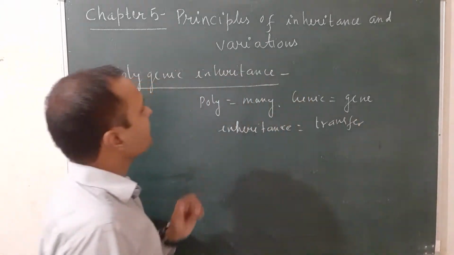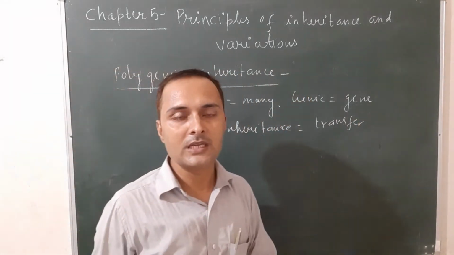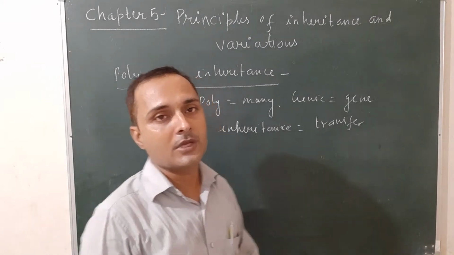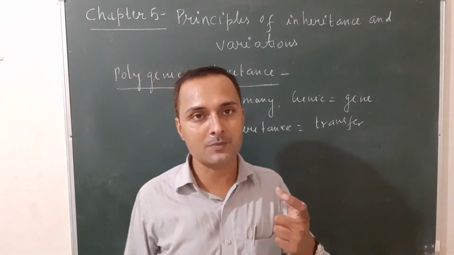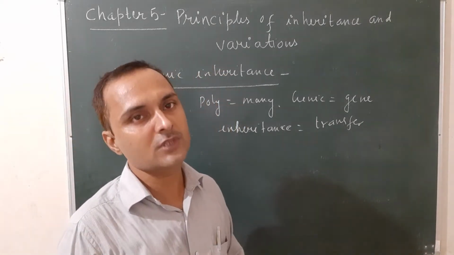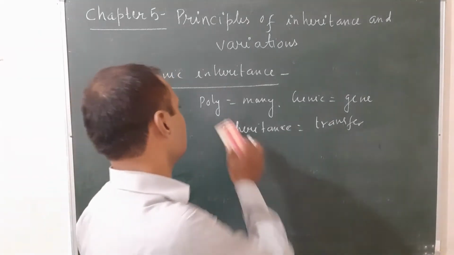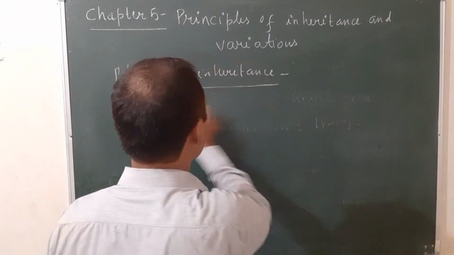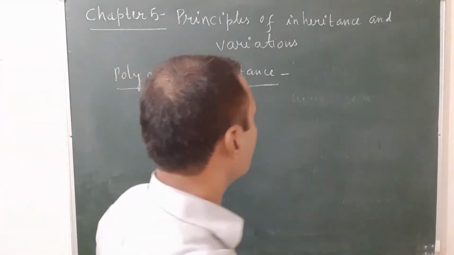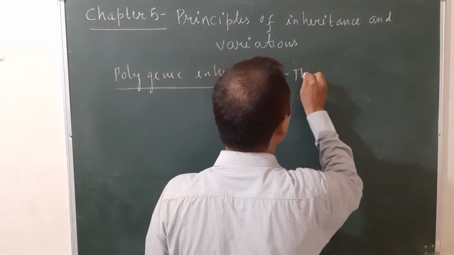So what is polygenic inheritance? The phenomenon in which a single phenotypic effect shown by more than one gene is known as polygenic inheritance. You can see the definition on the board.